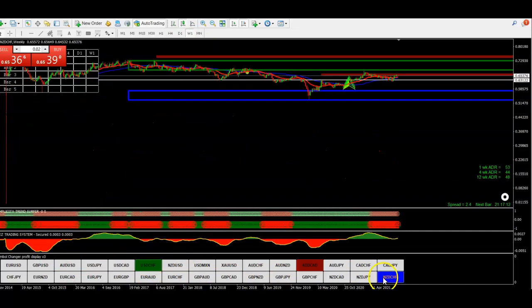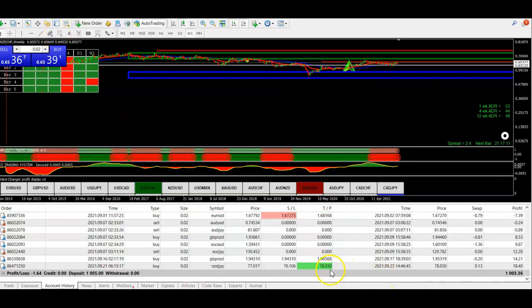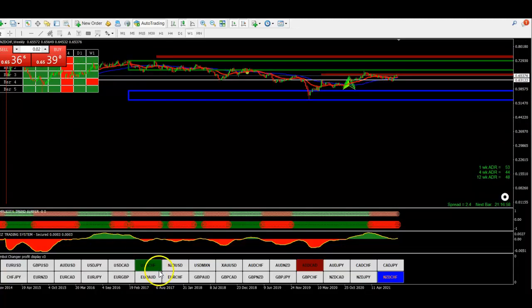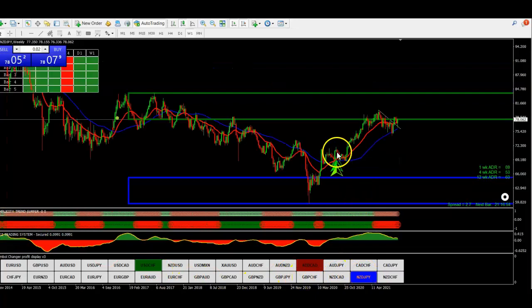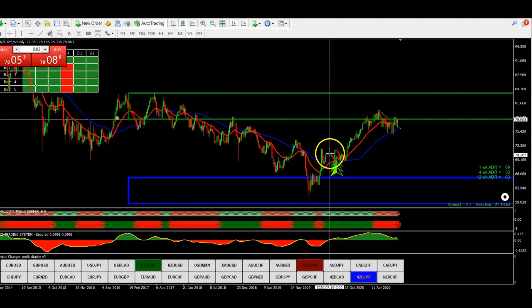I think it was that one. What was the trade that I got this week? This one right here, NZDJPY. I got in on 77.01. NZDJPY, and I got in here on 77.01. Where is that?